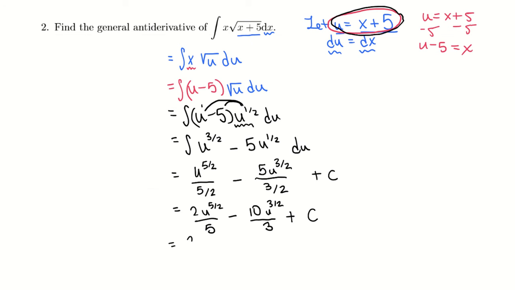We get 2 times x plus 5 to the 5/2 over 5 minus 10 times x plus 5 to the 3/2 over 3.